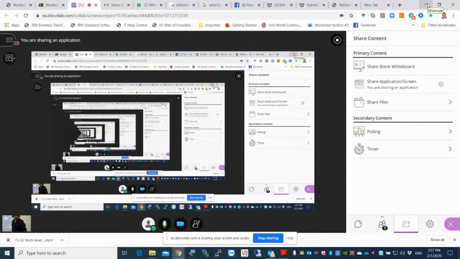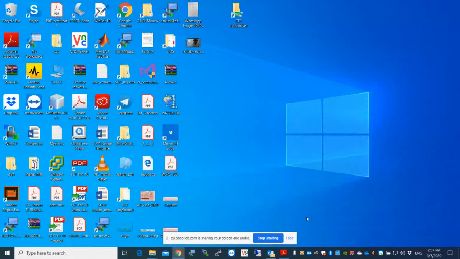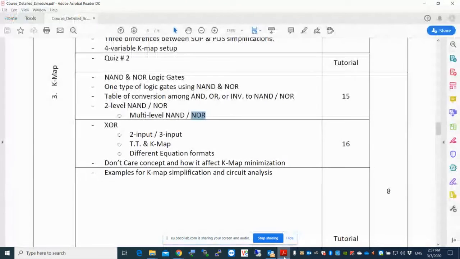So we are still in lecture number 15, and the last part of this lecture is talking about the two-level NAND and the two-level NOR. How can I achieve all the three optimizations together?